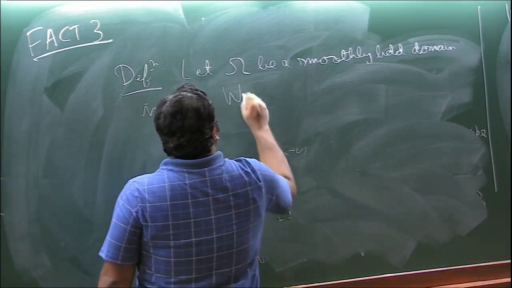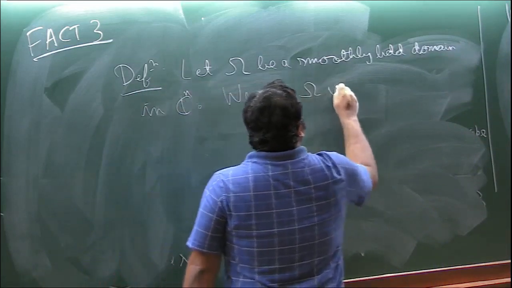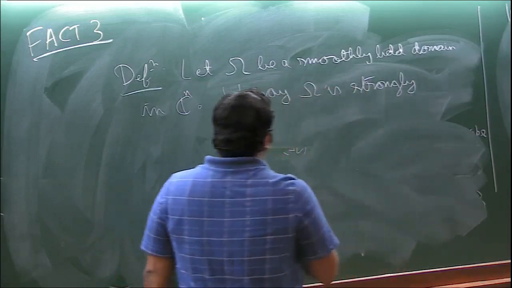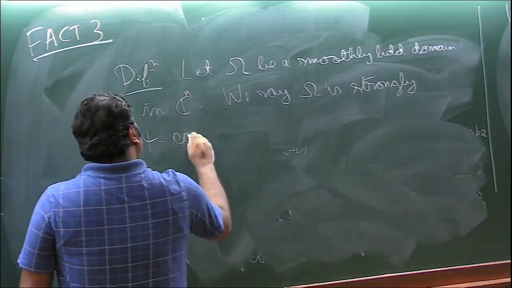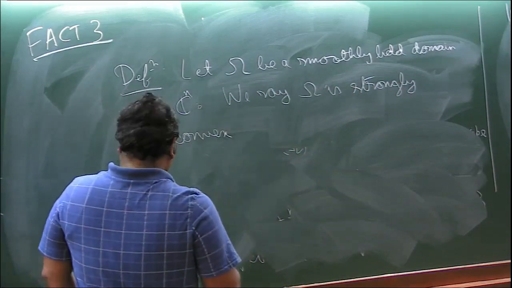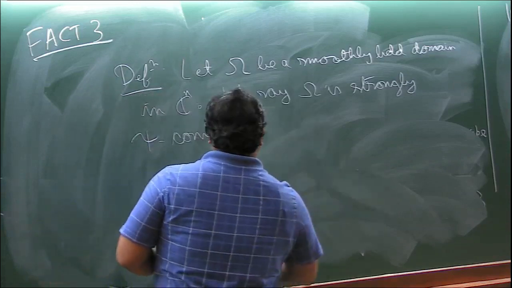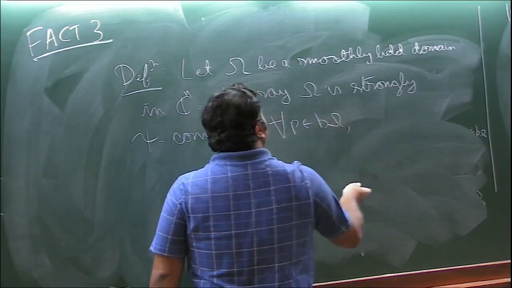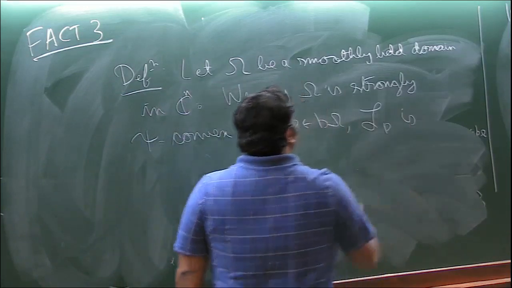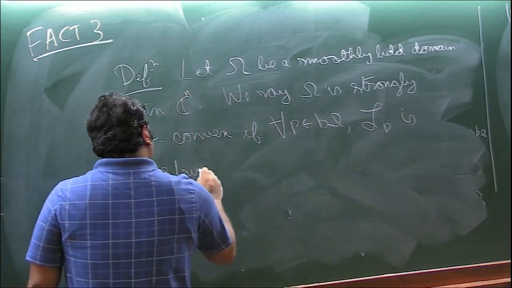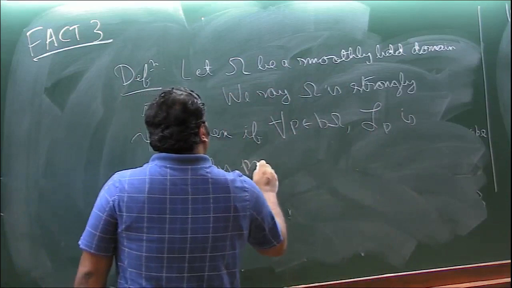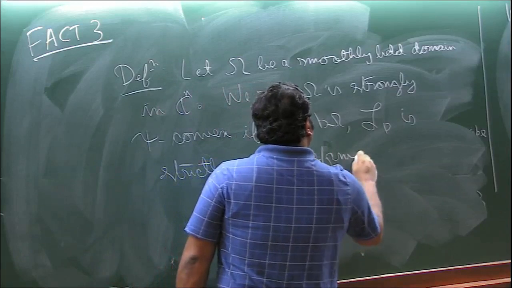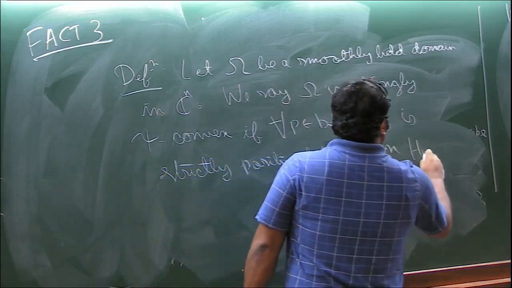We say omega is strongly pseudo-convex if for each point P on the boundary of omega, LP is strictly positive definite on HP omega.